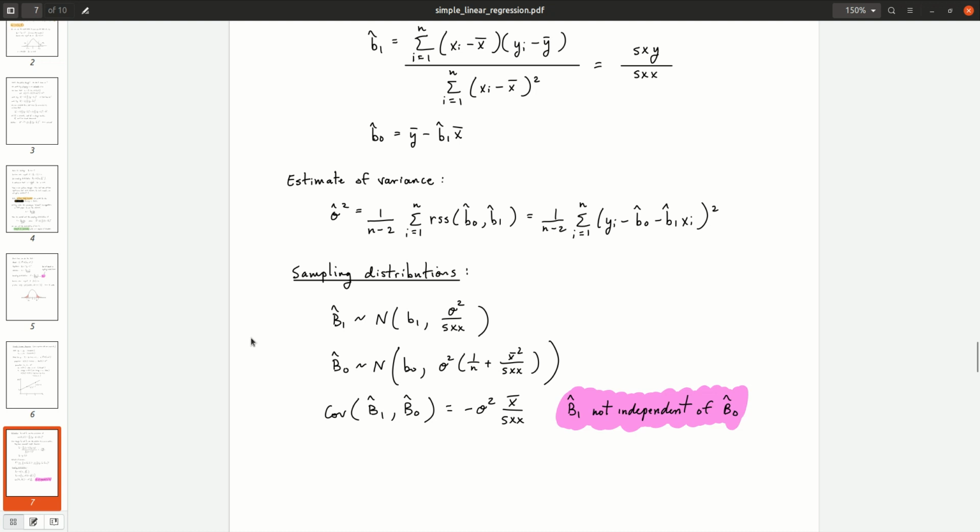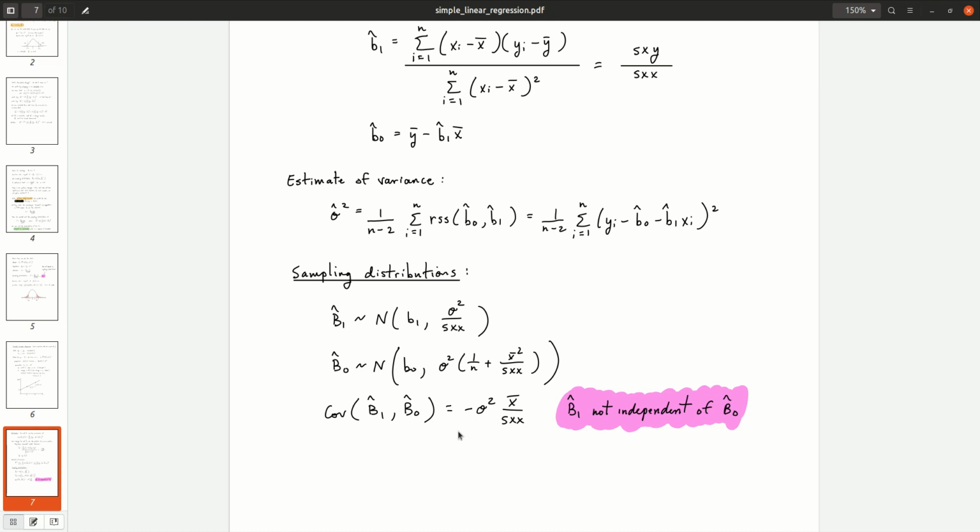Now, one interesting feature of these sampling distributions is that B1 hat is not independent of B0 hat. So there is dependence between them, and we measure that dependence by their covariance, and the covariance is this quantity here. You can think of covariance as an unscaled correlation.